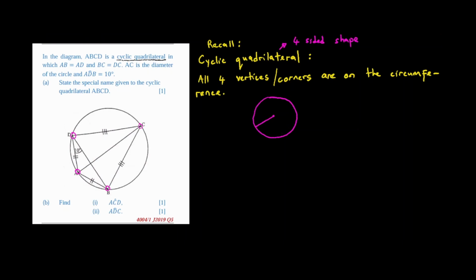Okay. Now after discovering that you are dealing with a cyclic quadrilateral, be it that the question told you or you have discovered it on your own, you then have to know how cyclic quadrilaterals fit into the story of circle geometry. So if we have cyclic quadrilaterals, you should know that opposite angles are supplementary.